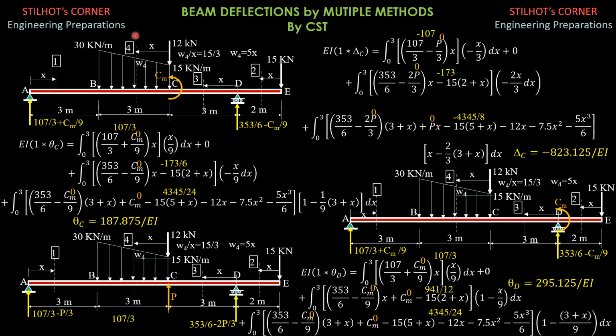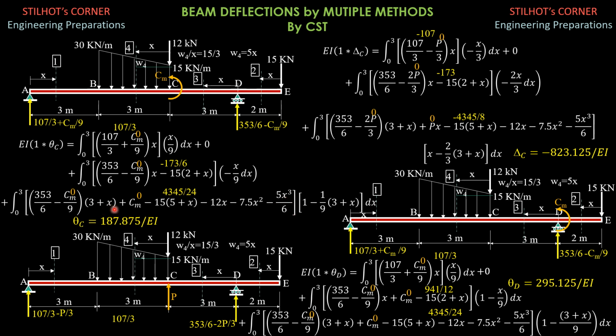Then in the last section, fourth section, we have integral 0 to 3 of quantity 353 over 6 minus C sub m over 9. The moment arm is 3 plus x, then plus C sub m minus 15 times quantity 5 plus x minus 12 times x minus 7.5 x squared minus 5x cubed over 6.